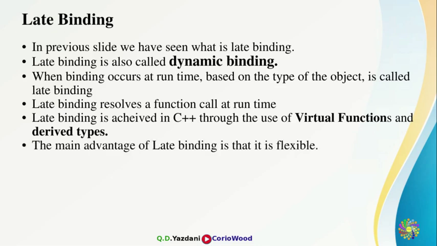The main advantage of late binding is that it is flexible. But keep in mind, when you declare a virtual function or pure virtual function, it's not fast. It's flexible, but not fast, because you're doing a lot of functions, and the compiler creates that virtual table, and that virtual table points to each of the functions you created in your base class.